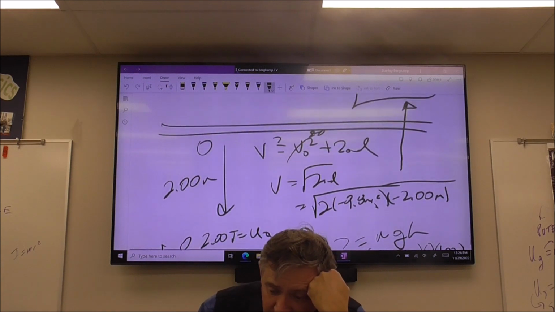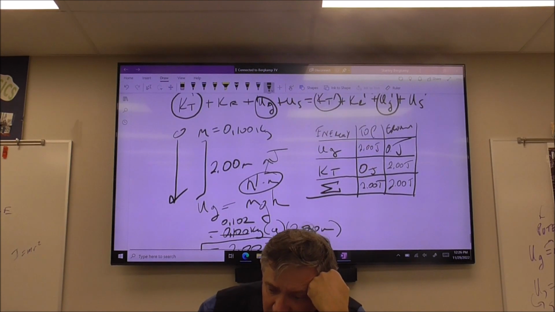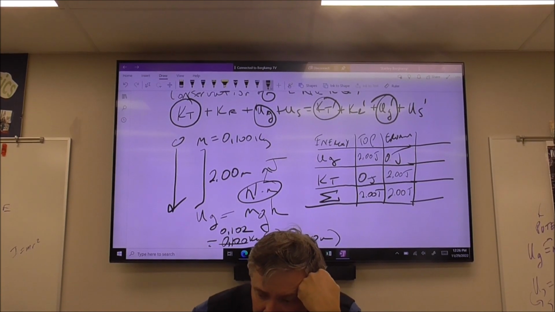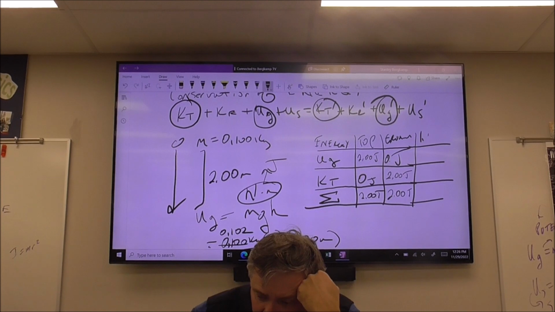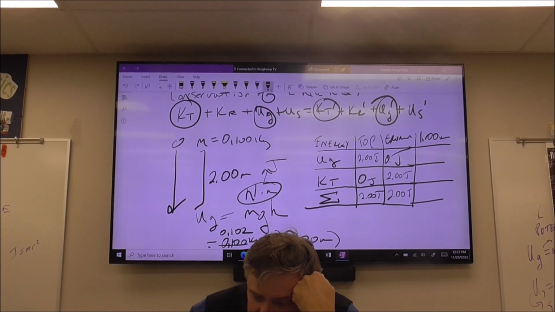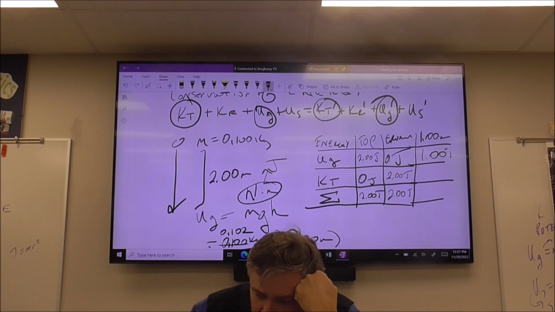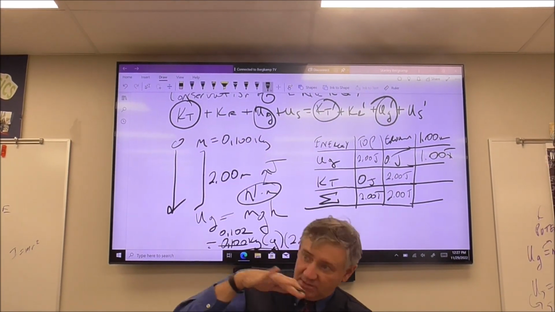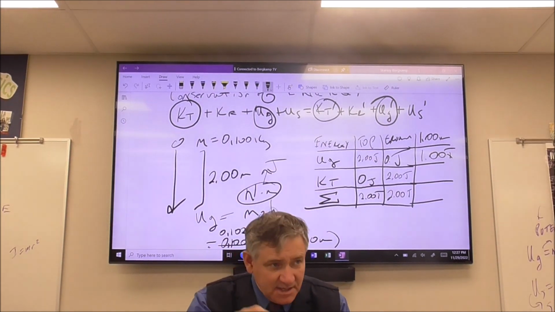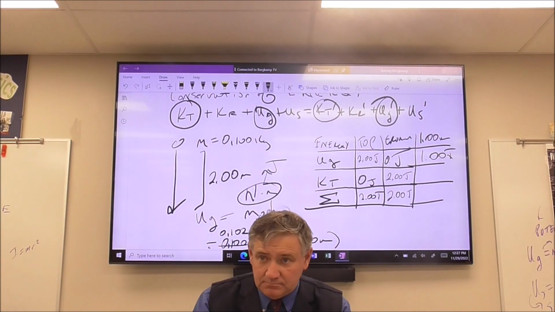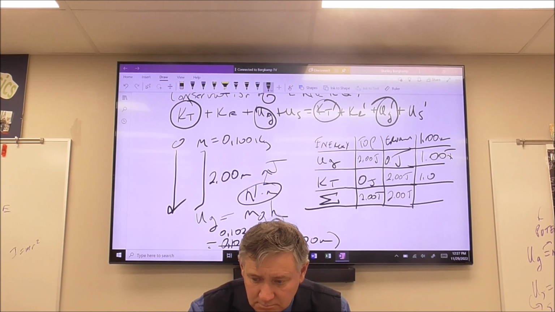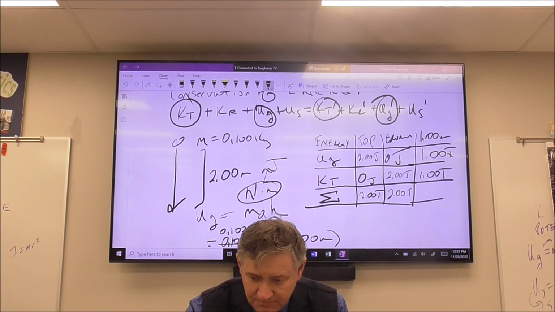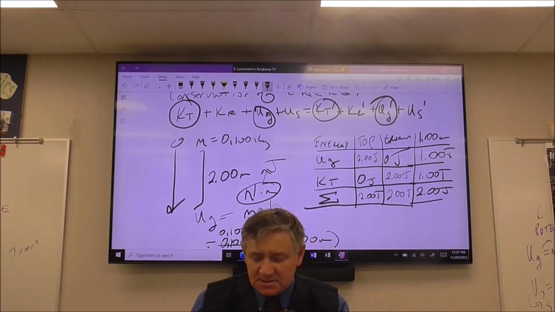So we're going to go back up to this chart and add a third column for what happens when Gary crosses the 1 meter mark. The UG is going to be 1 joule. So how much kinetic energy does Gary have at that point? 1 joule, because everything has to add up to 2 joules. It's kind of cool.